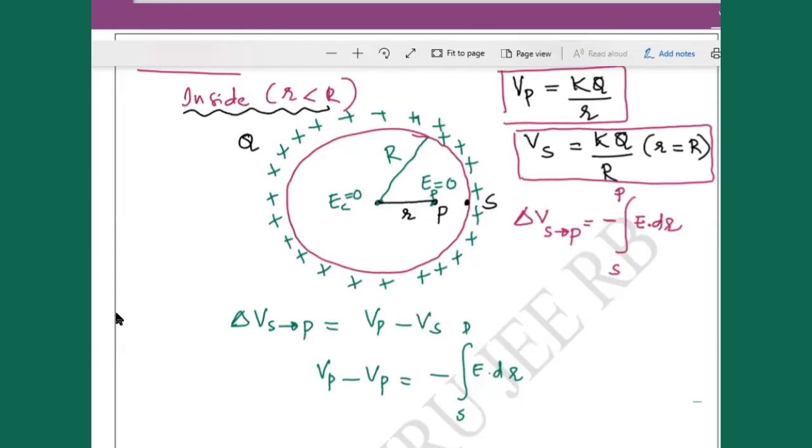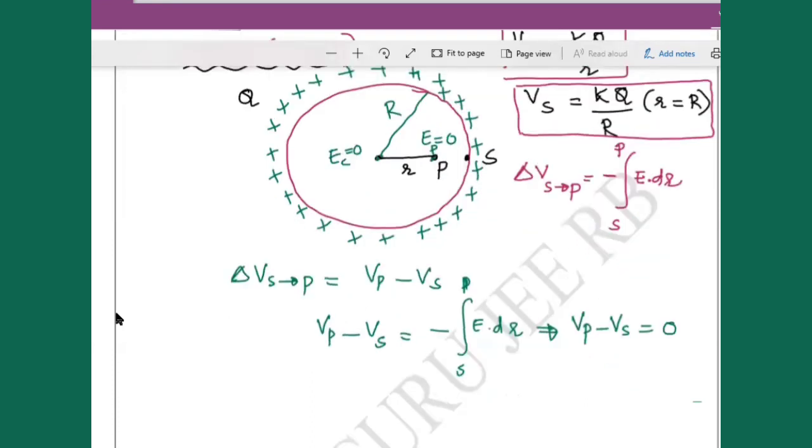Now minus the integral of E into dr from S to P. Now it is 0, so VP minus VS is equal to 0. What I'm getting here, can you see?